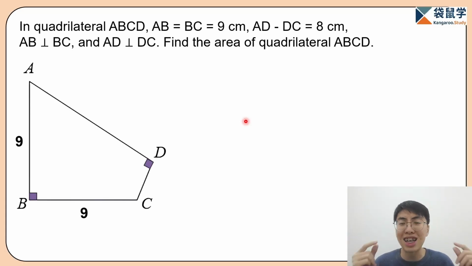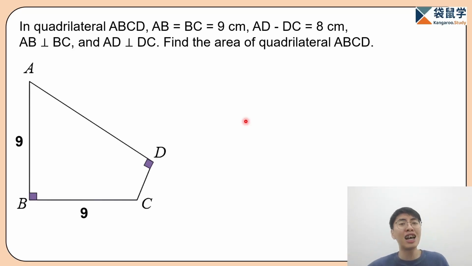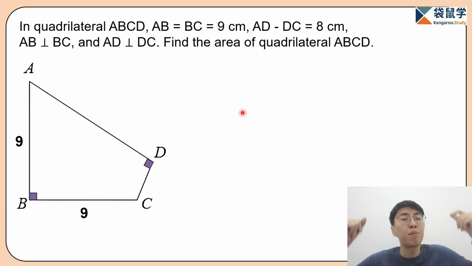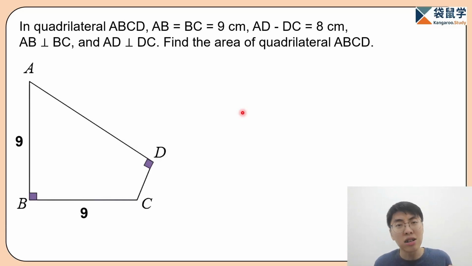What can I make this quadrilateral into? We can see that just by adding one single line, I should be able to split this figure into two parts, or essentially two triangles. How can I split the figure then?